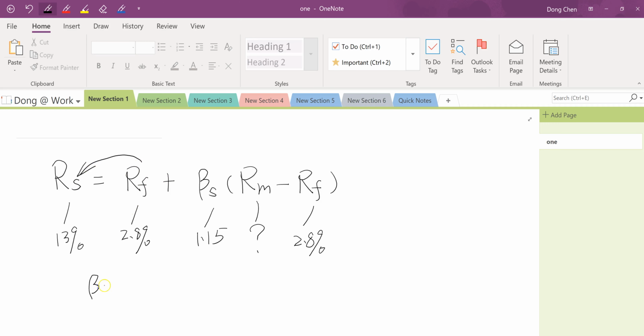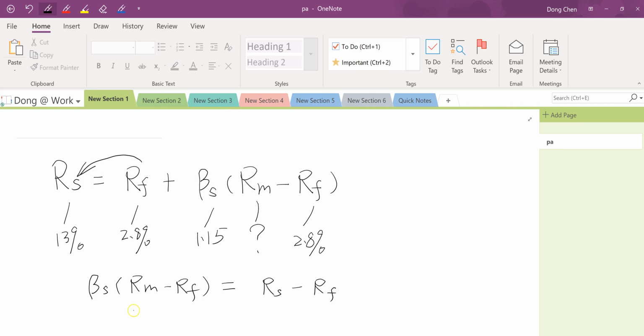So this will become beta S times (Rm minus Rf) equals Rs minus Rf. If you change this Rf to the other side, you have to change the sign too.